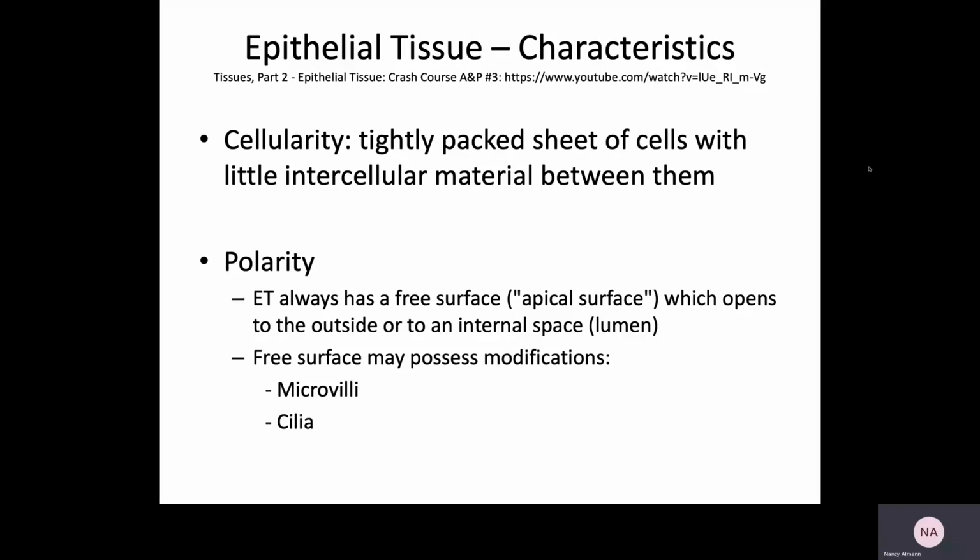And cilia, and you'll remember that cilia is going to move material across the surface of a tissue. If you see microvilli or you hear about microvilli in literature, or if you see cilia on a micrograph, you are always talking about epithelial tissue.